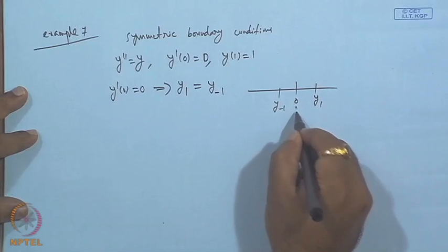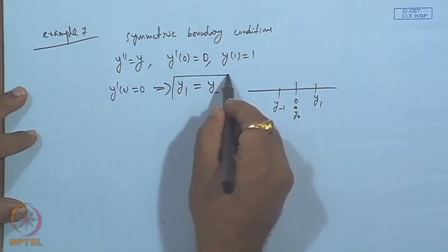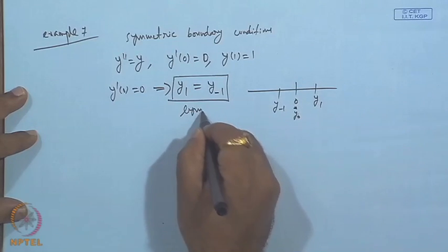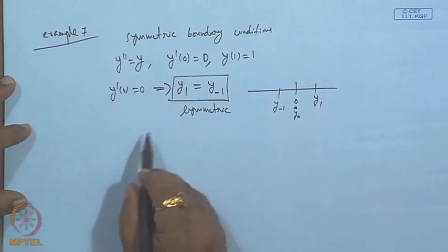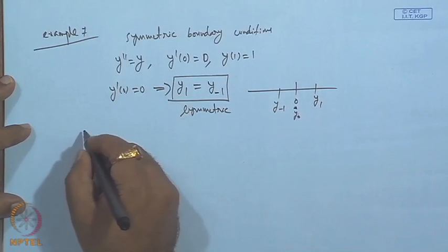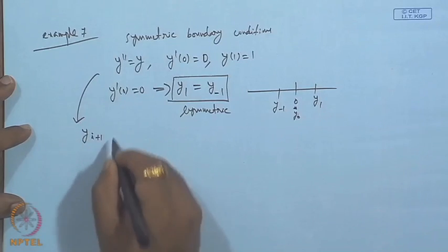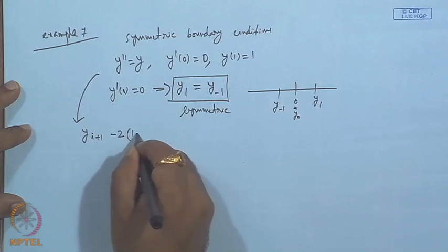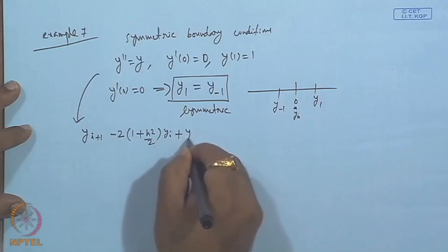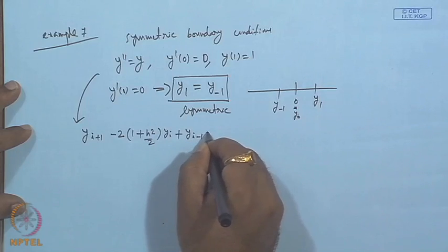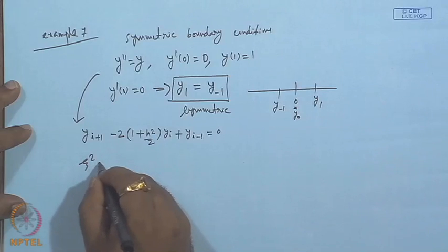Okay. So, here it is y 0. So, now this is symmetric case. Okay. So, now if we discretize and the characteristic equation.